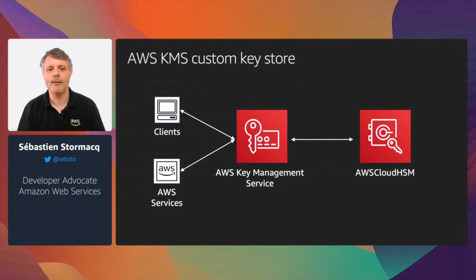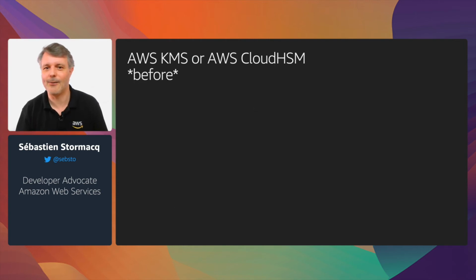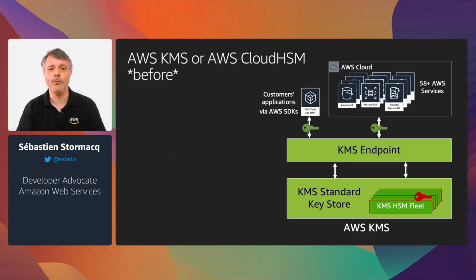In the past, it used to be two separate islands. Either you manage your keys in CloudHSM, or you manage your keys in Key Management Service, but recently we integrated the two. So AWS KMS can now use a custom key store. Instead of using its own default key store, it can delegate the key store to AWS CloudHSM. So before that integration, we had really two separate islands.